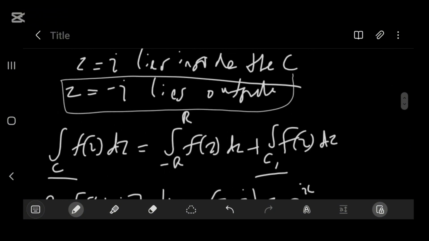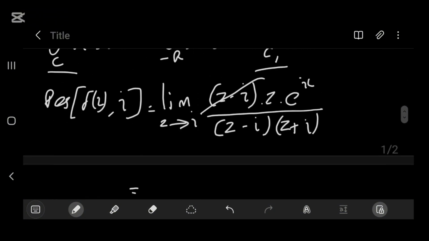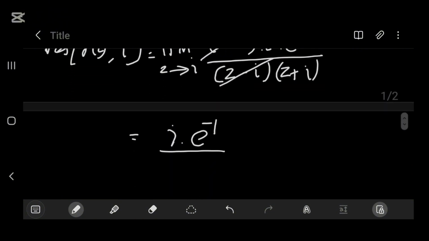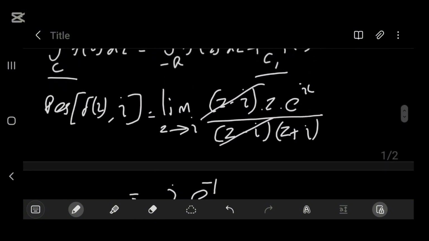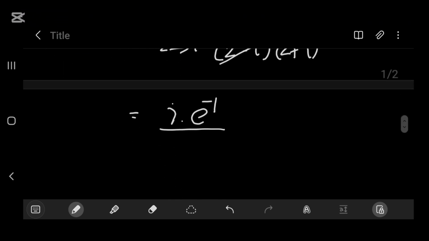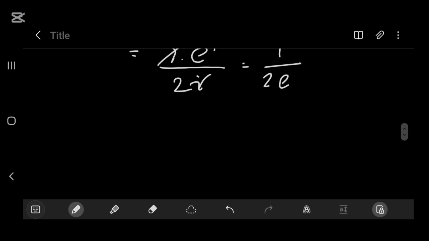Let's move on to page number 2. We have the limit. This part and this part cancel each other out, so we are finally left with i times e to the negative 1 over z plus i, which is 2i. We can cancel the i, so we are finally left with 1 over 2e.